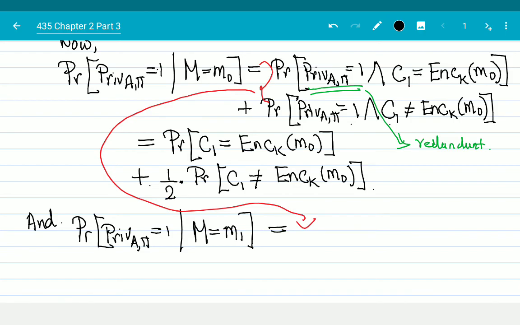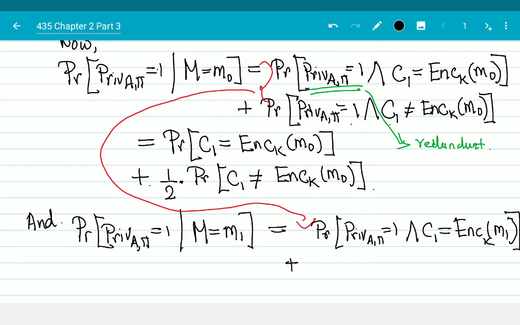So let me just say that the probability that priv A pi is equal to 1 and C1 is equal to encryption K of M1, plus the probability that priv A pi is equal to 1 and C1 is not equal to encryption K of M1.